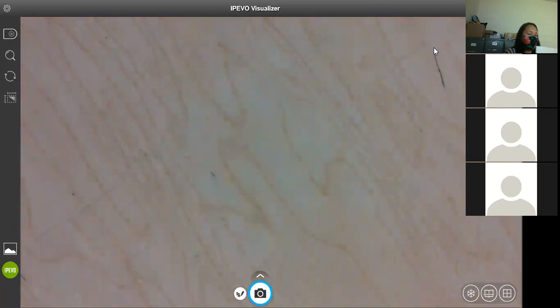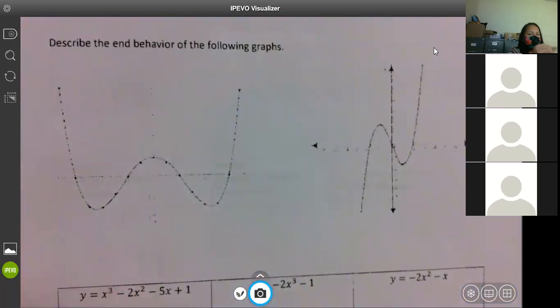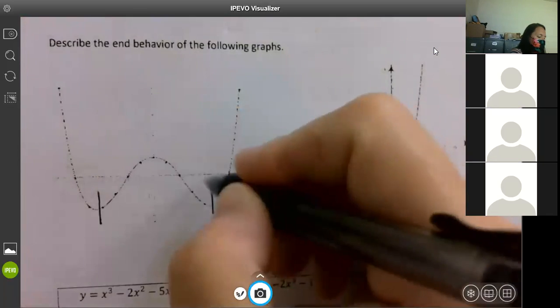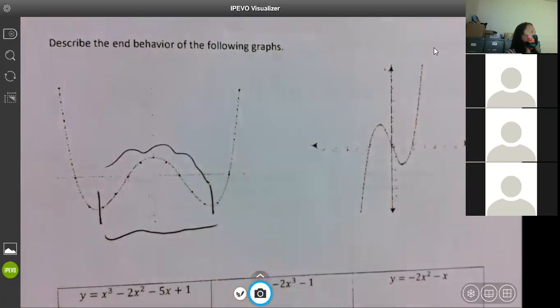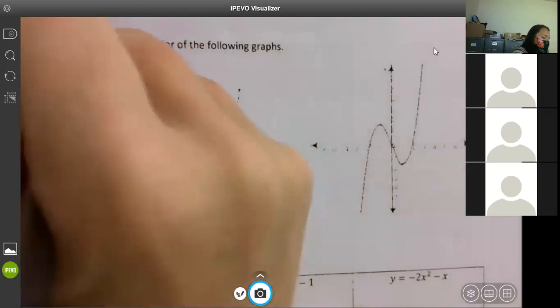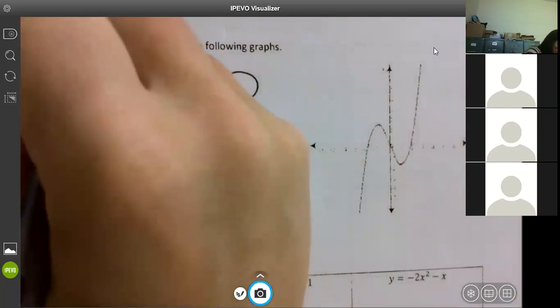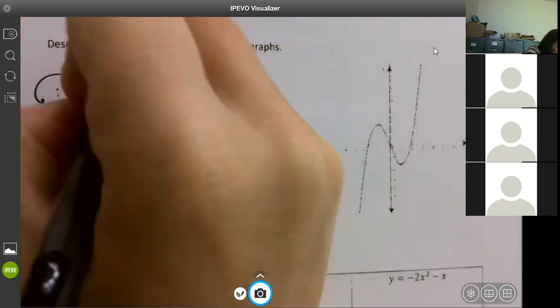All right, describe the end behavior of the following graph. So notice this is like a big W. It's not just a straight U like we're used to. So like I said, anything could happen in this area right here. We don't care. What we're looking at is this and this, the two ends. So the first end we're going to talk about is the left side.